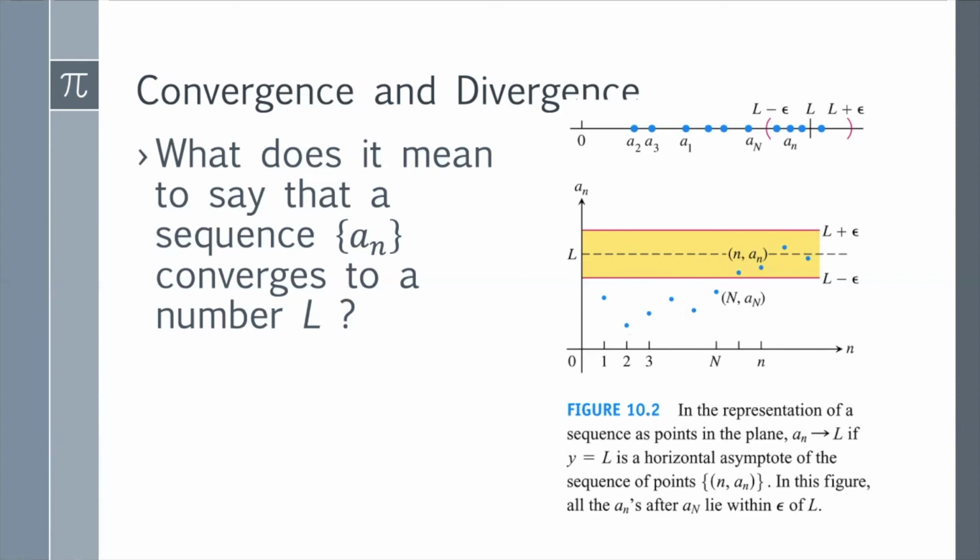Now, if I made epsilon smaller, say 0.01, then the terms of the sequence would not fall within the tube starting at n equals 7. Maybe they would start falling within the tube at n equals 50. But the point is that eventually, starting at some number, all of the terms of the sequence will be inside the tube from that number on.